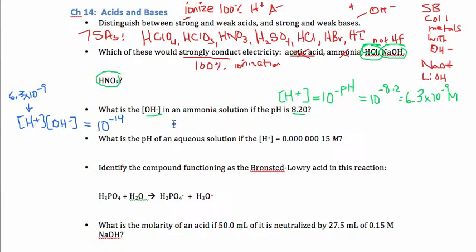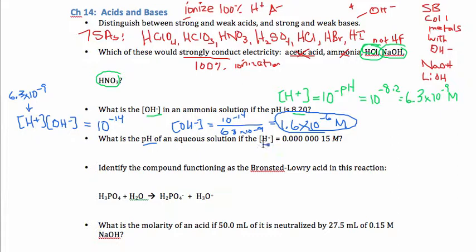So I have one unknown in this problem. My hydroxide concentration will be 10 to the minus 14 divided by 6.3 times 10 to the minus 9. And when I do that, I get 1.6 times 10 to the minus 6 molar. Okay, molar is big M, moles OH minus per liter.